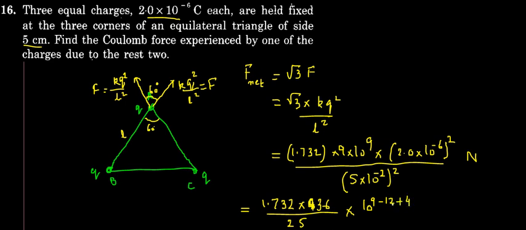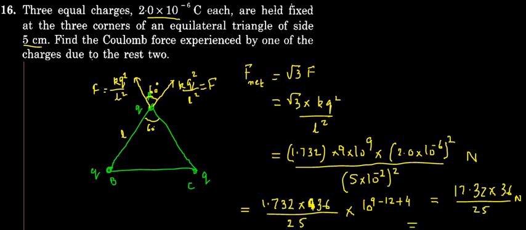So 13 minus 12 is 10. Multiplying that 10 with this gives 17.32 times 36 divided by 25 newtons.